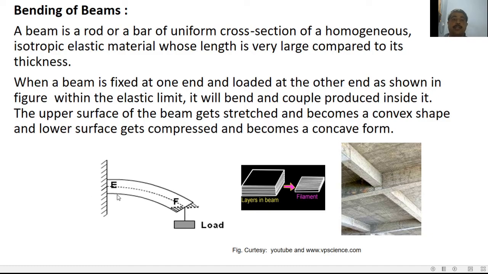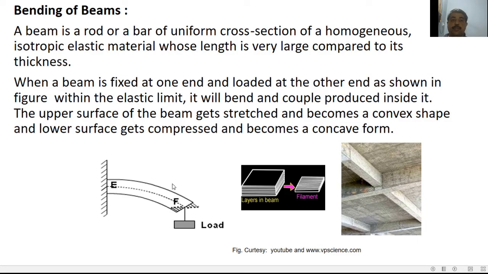The extension and contraction are, however, not confined only to the upper and the lower half of the beam respectively, but also take place inside the beam. All longitudinal filaments in its upper half get extended and in its lower half get compressed.